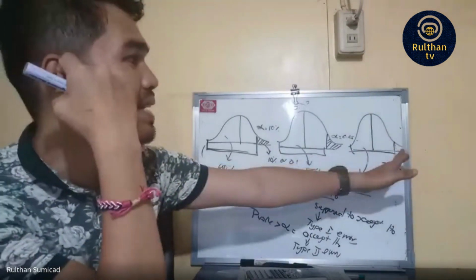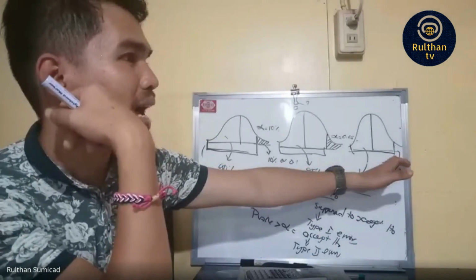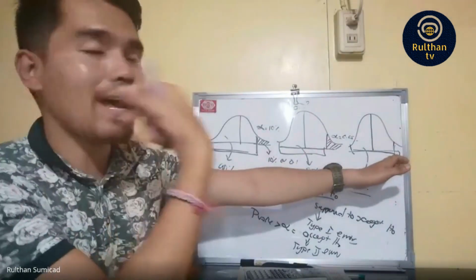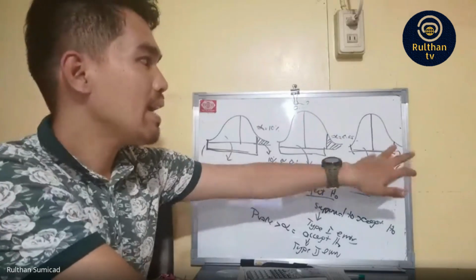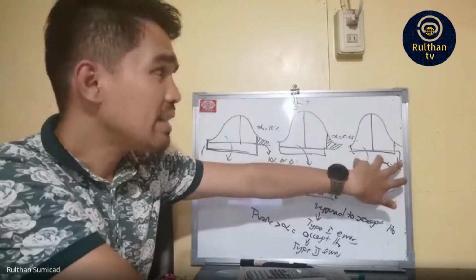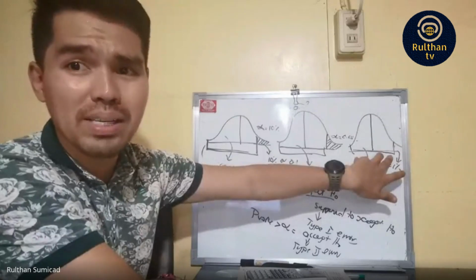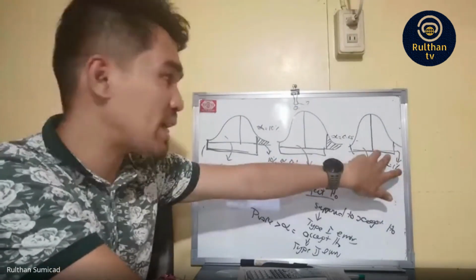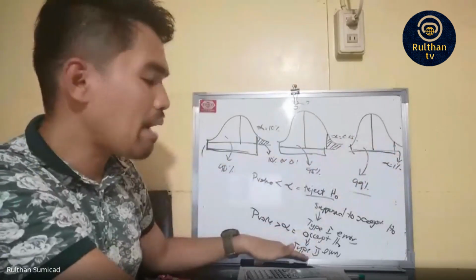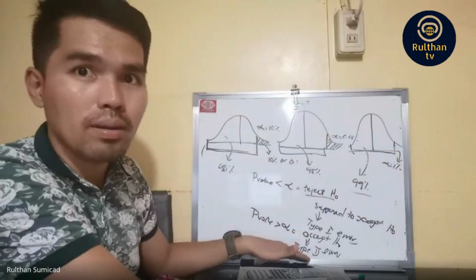In this case, there is a greater risk of accepting the null, right? It's because the confidence level is already 99%. And the event that you accepted the null when it is supposed to be rejected is a type 2 error.